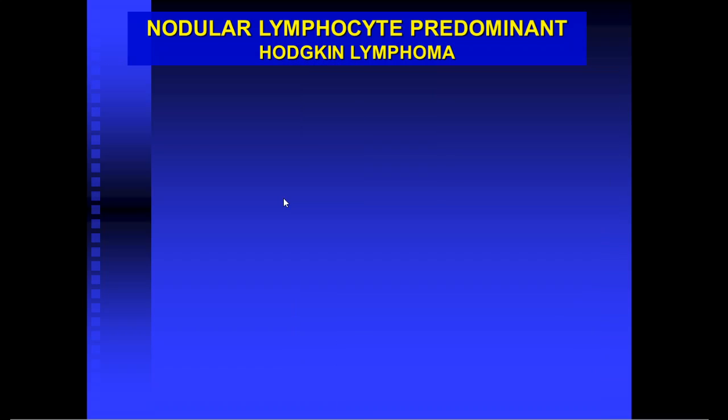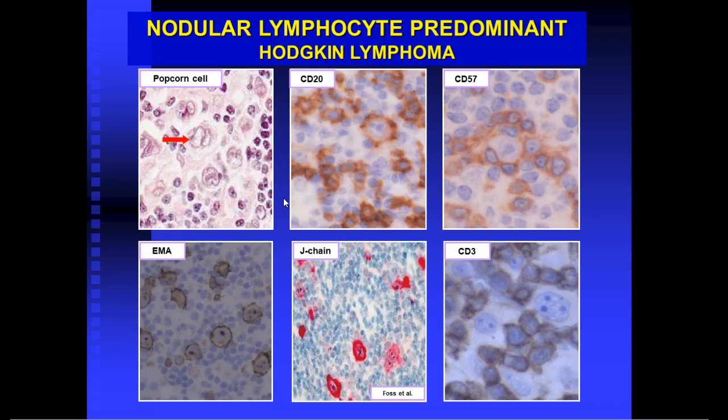But in the non-classical variant, that's why this variant is not classical, we have expression of CD20, as you see here, on the surface of the tumor cells. So in the non-classical variant, the tumor does not completely lose B cell differentiation. In classical Hodgkin lymphoma, tumor cells completely lose B cell differentiation. Here, just partly.